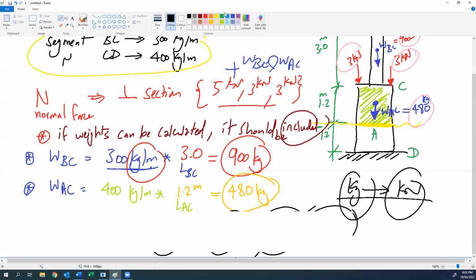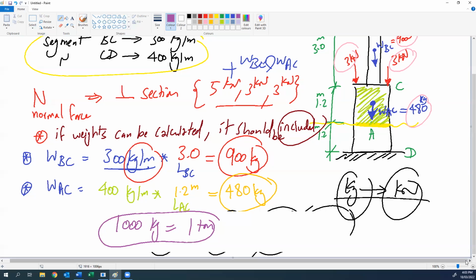We have 2 steps. Just keep this in mind. 1000 kilogram is equal to 1 ton, so if you want to convert from kilogram to ton, you need to divide by 1000.